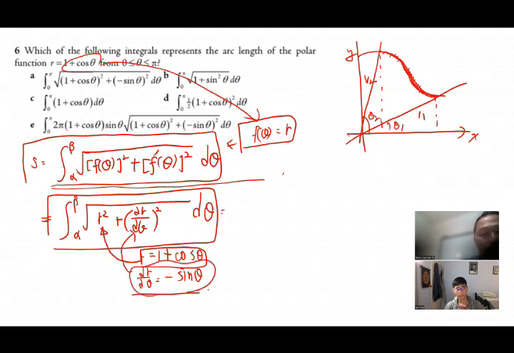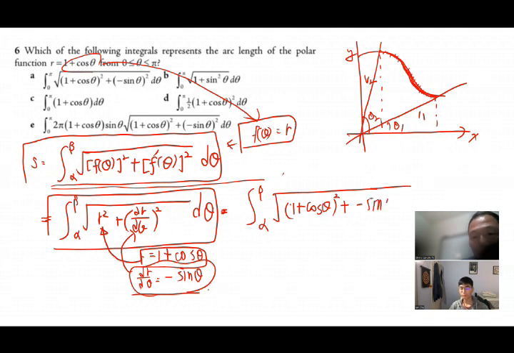So the equation itself should be the integral from alpha to beta of the square root of (1 plus cosine theta) squared plus (minus sine theta) squared, d theta.